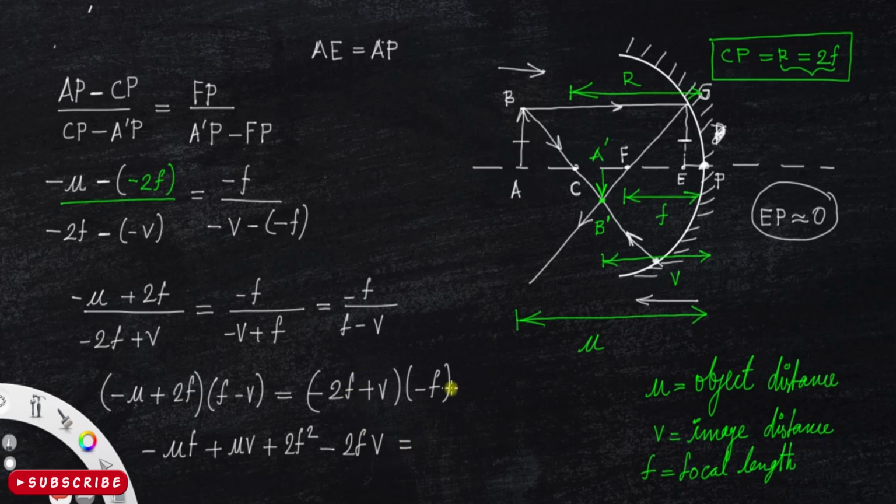On the other side, minus 2F into F is 2F square, minus and minus will get cancelled, and V into minus F is minus VF.